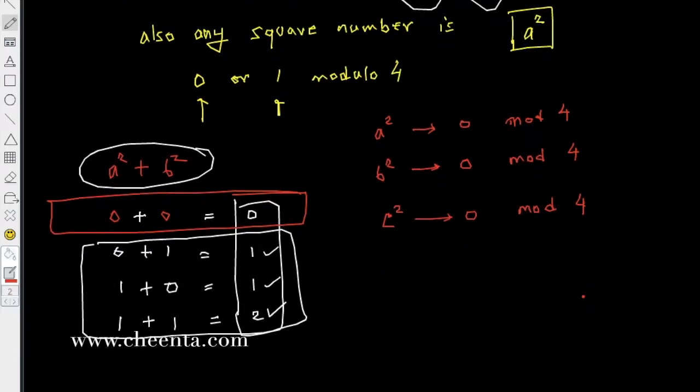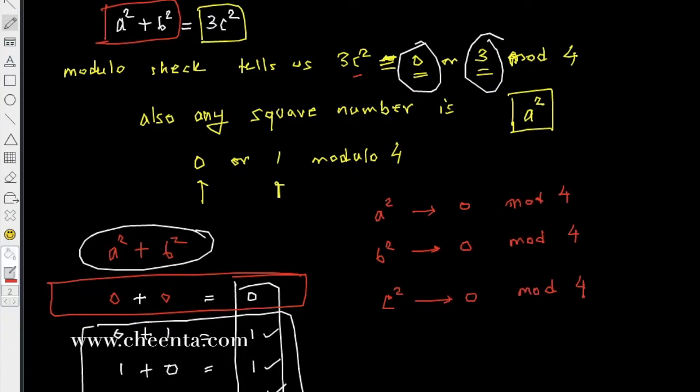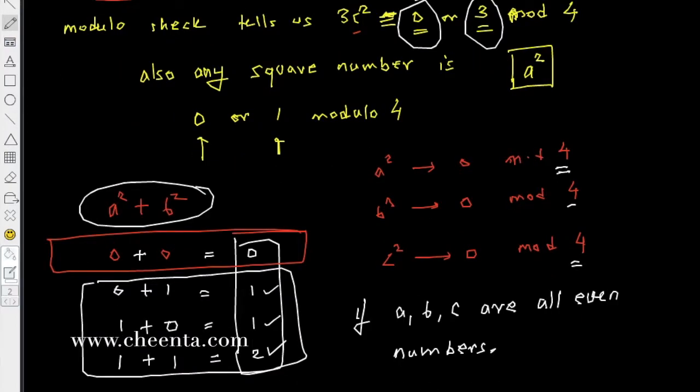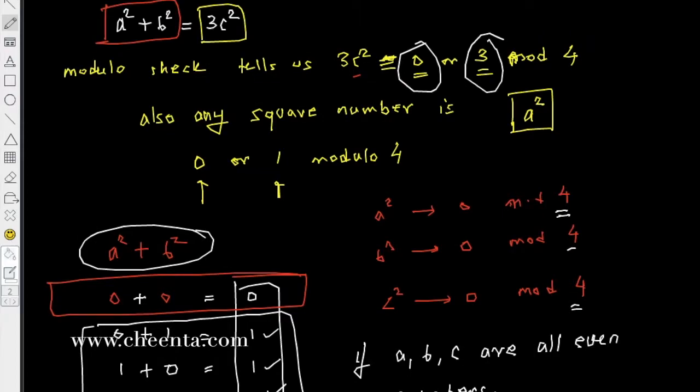Now, we are almost done with this problem. When a squared, b squared and c squared are all 0 modulo 4, this necessarily means that all of these are divisible by 4, right? That's how it can give 0 as remainder modulo 4. So that can only happen if a, b, c are all even numbers.